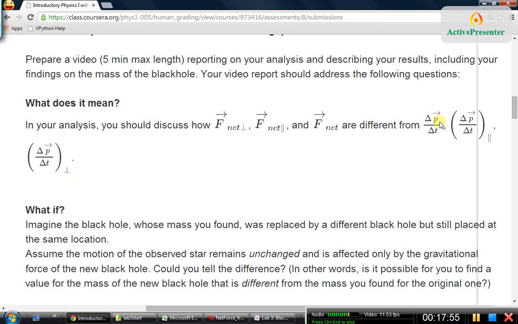So these changes in momentum, rate of change of momentum, we can easily calculate by observing the motion, by motion analysis using the tracker data. So this is representing the effects. From this we can estimate what must have been the net force acting on it. So we can't comment about what is causing the net force. We can only find out the magnitude of the net force. So that's what it means.